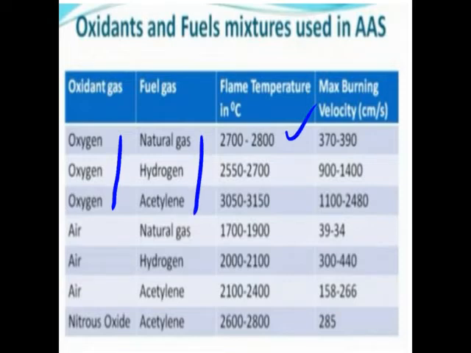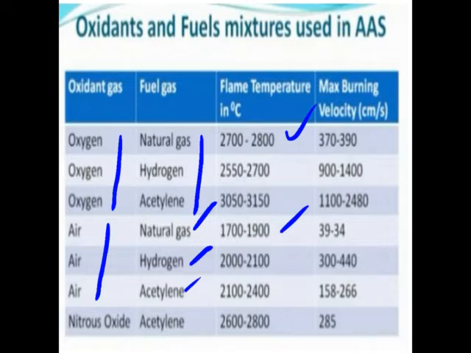If we maintain the oxidant gas as air and change the fuel gas to natural gas, hydrogen gas, and acetylene, then we get the flame temperature as follows. Natural gas plus air, this combination gives 1700 to 1900. If air and hydrogen is the combination, then 2000 to 2100.